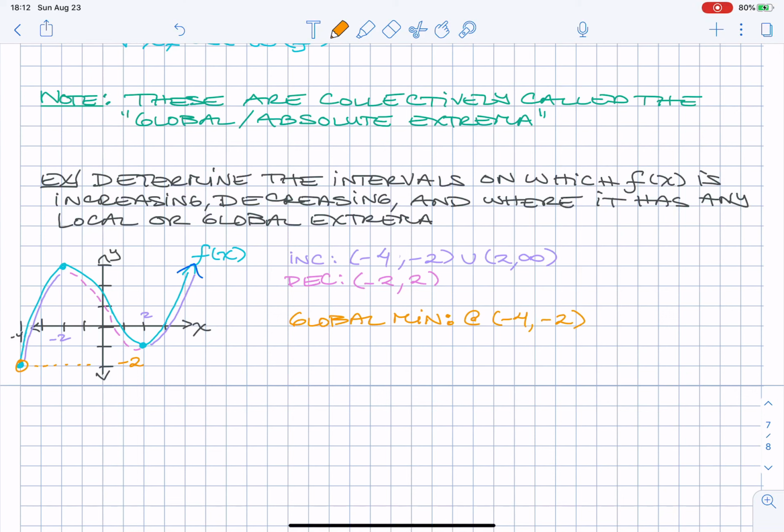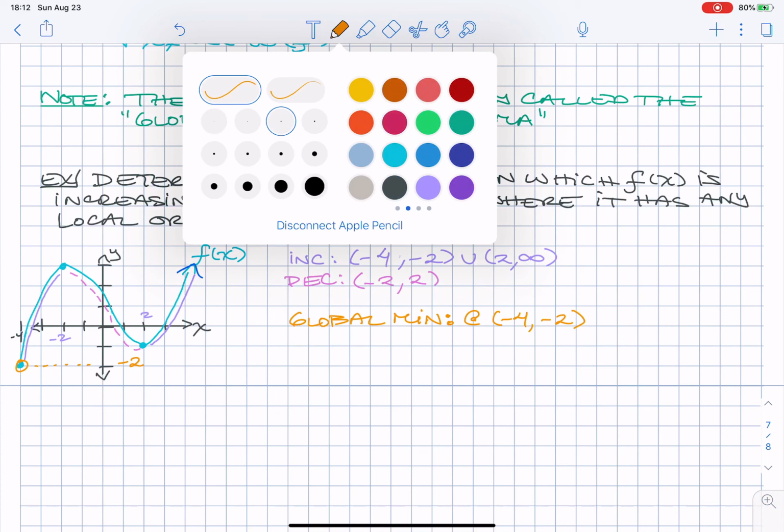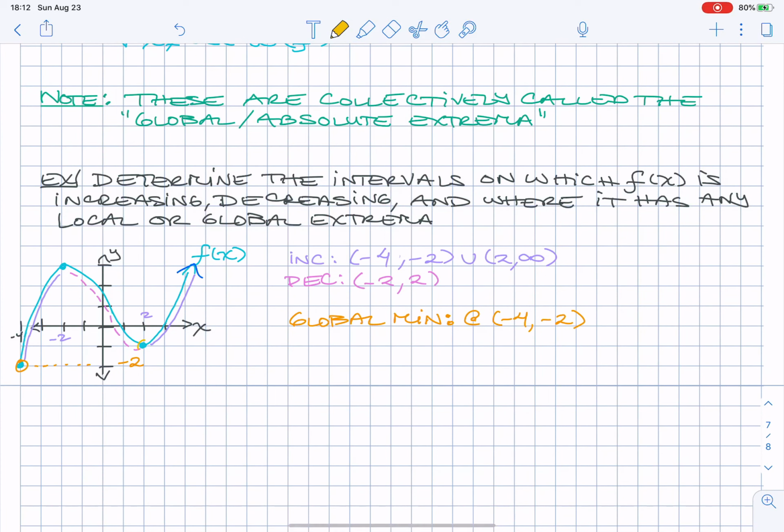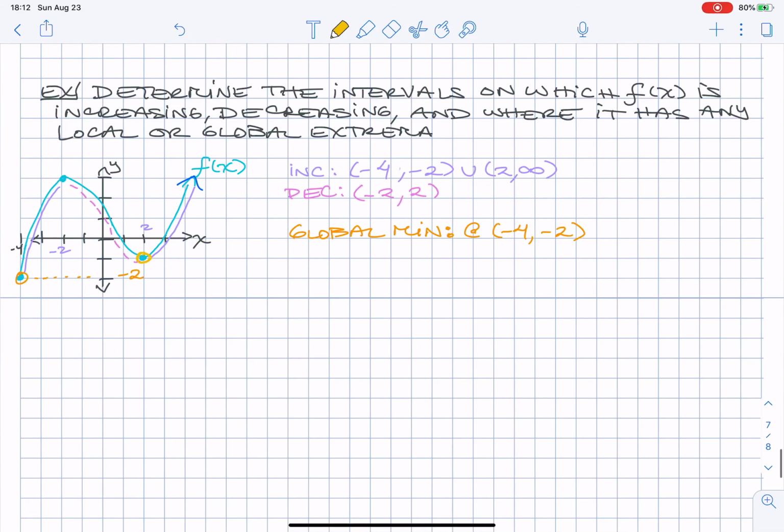So that's my global minimum point. But I have a local min here. Meaning there is another smaller point, but it's to the left. Locally, I minimize, let's say that's -1 at 2, -1.